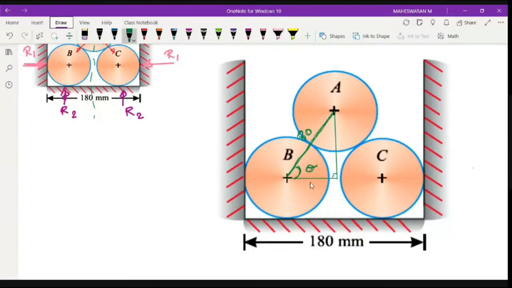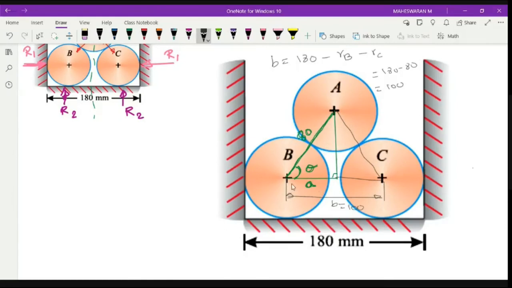Now I have to identify this value, A. To identify the value of A, if I consider another side here as B, your B will be equal to 180 minus the radius of this and this, so 180 minus 80, equal to 100. So your B is 100.